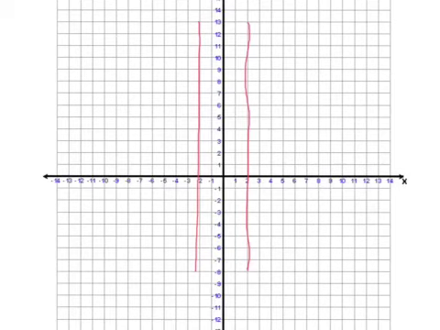Now we will draw in the y-intercept, and the coordinate for this was 0, negative 1/4. So that's about right there. The other asymptote will be at y equals 0.